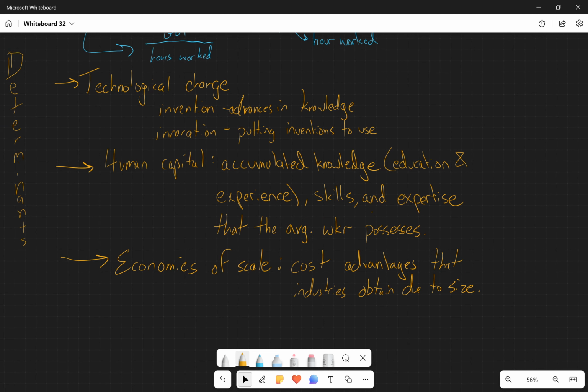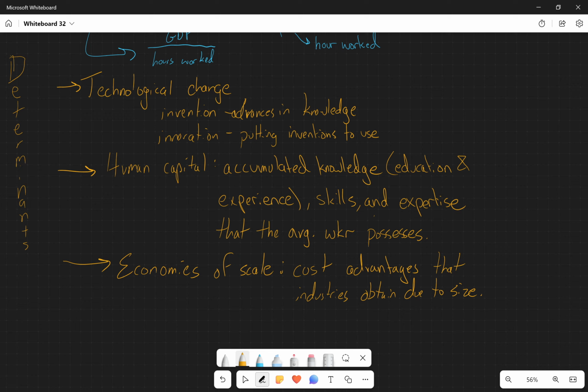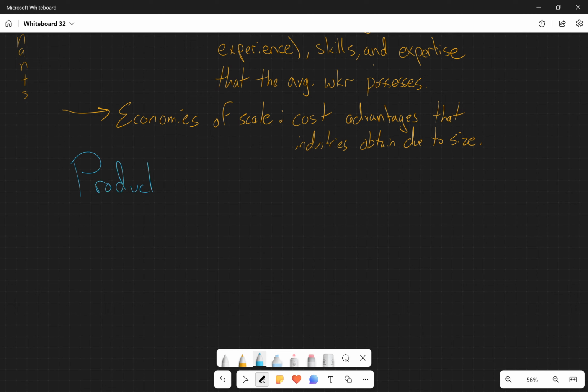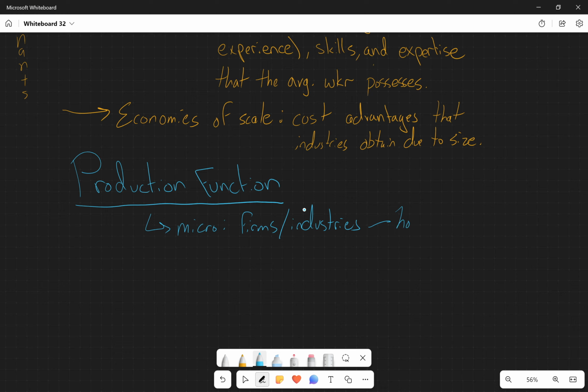So when we're talking about economic growth, we will often talk about a production function. And a production function in microeconomics is talking about firms or industries, and specifically how they take their inputs and turn them into outputs.